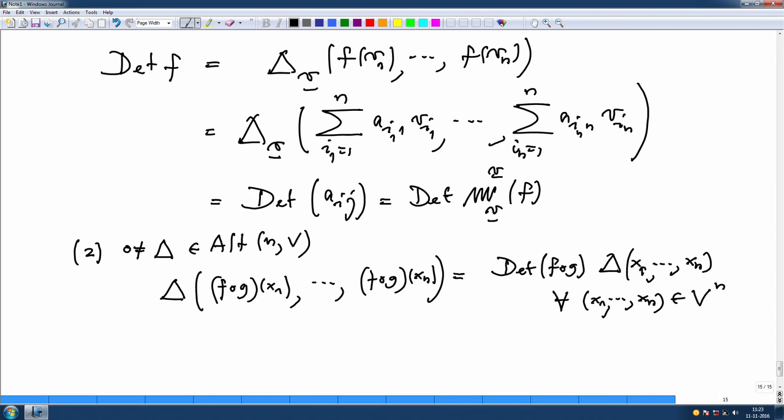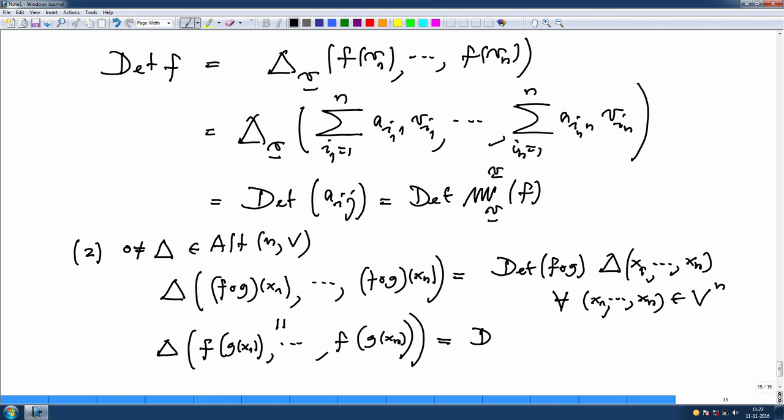Now, I want to compute this in a different way. I first want to do this first. So, this is by definition delta of f of g of x1 up to f of g of xn. I will take out f first. When I take out f, the determinant comes out.